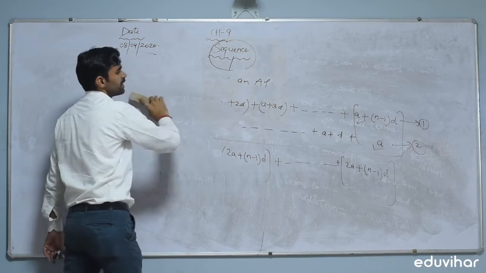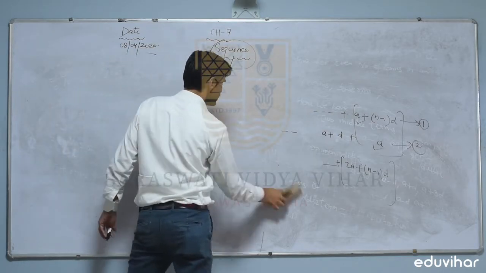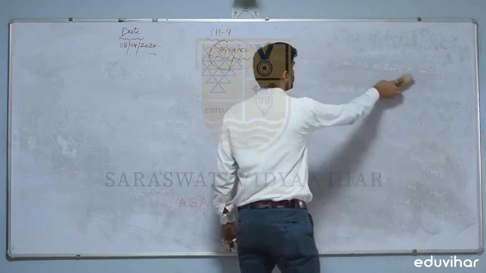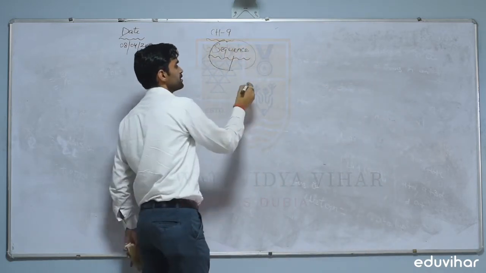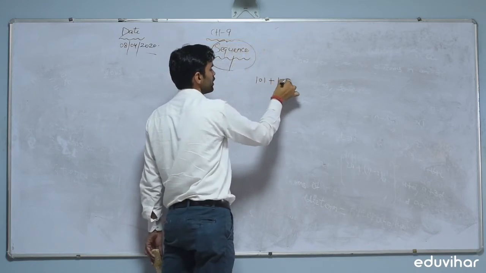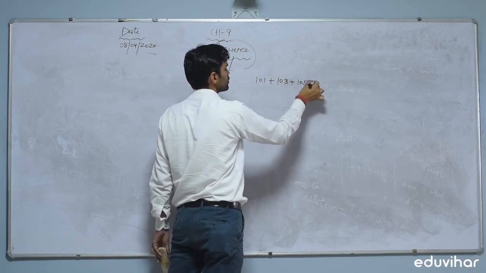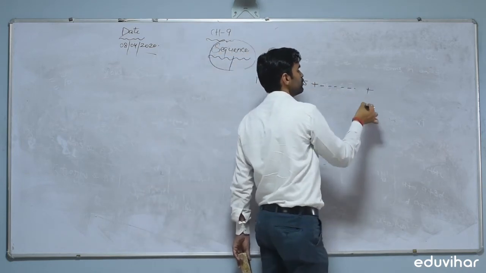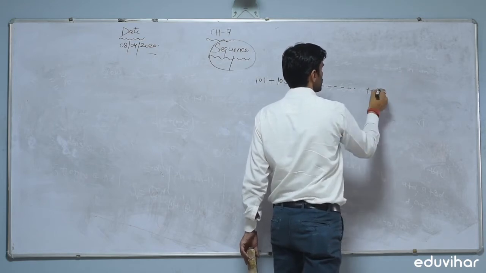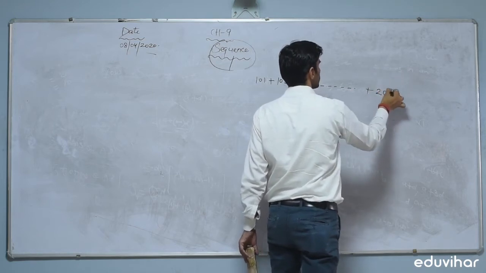Now for the AP, we consider a sum where we have to find the sum of the n terms of the AP. Consider we have 101 plus 103 plus 105, and in this way up to 170, and we have 205.